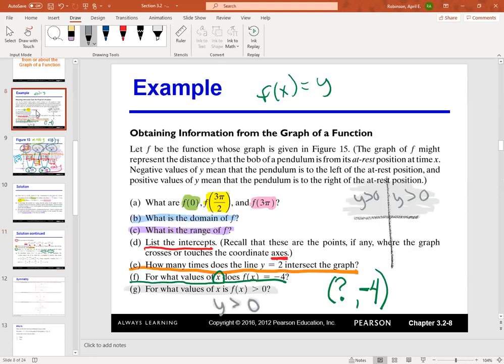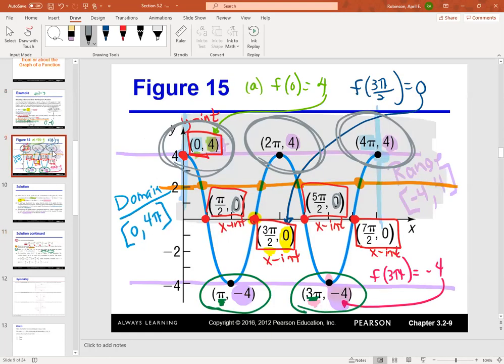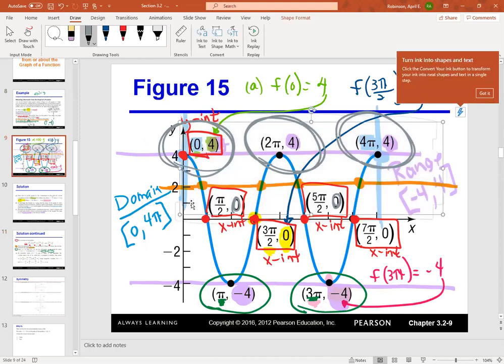Wait a minute. Let me go back and read it. So, for what values of x? Oh, my bad. They want all of them, not the points. Okay, let me see if I can. Nope, that ain't gonna work.